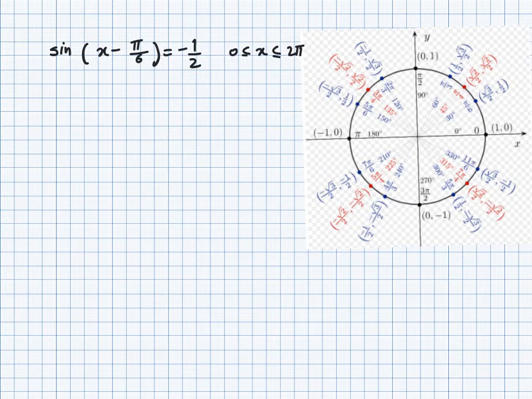Pretty much what we're gonna do, we're gonna take this part here, and that is our angle. So we're gonna just write here x take away pi over 6, and this is our angle, and we're looking for what values of this angle sine is going to be equal to negative half.